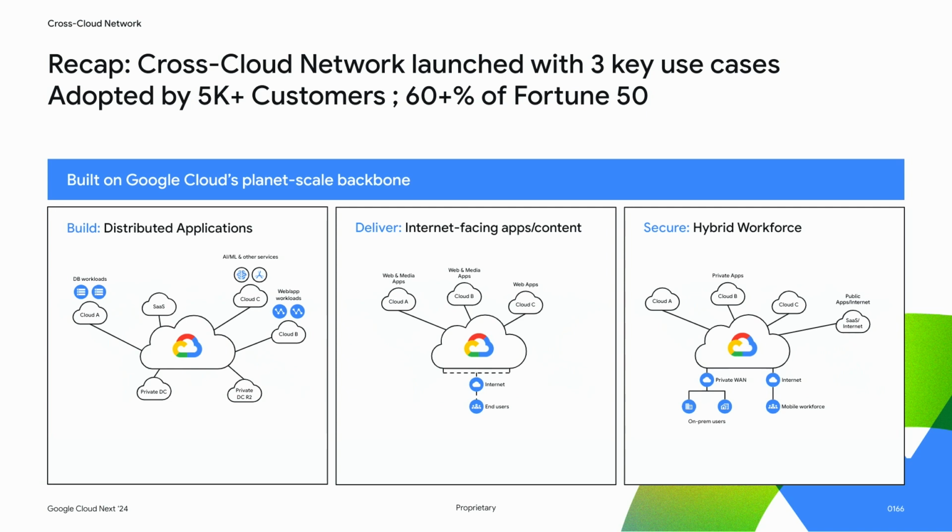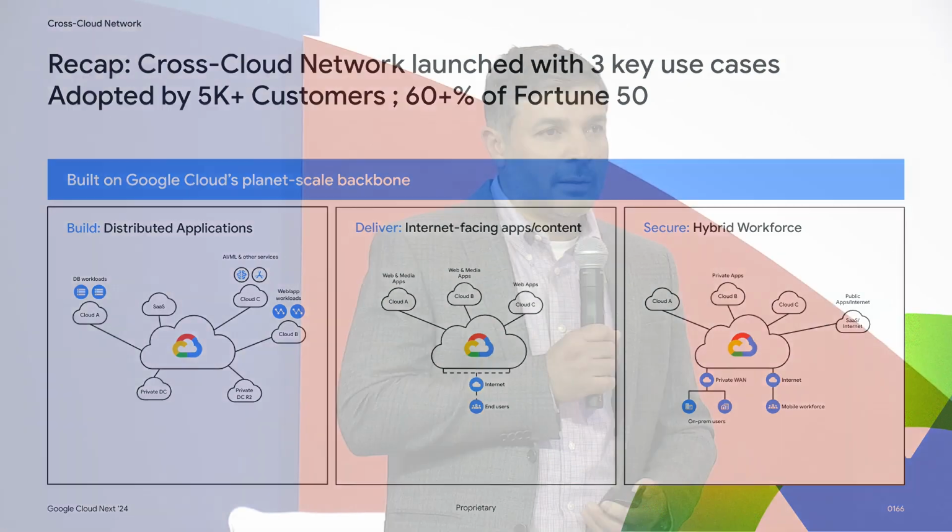The second use case was delivering a global front end for internet-facing applications, a secure global front end, leveraging some of our innovations in CDN, load balancer, and Cloud Armor to deliver that. And number three, building a secure hybrid workforce network for your users who are connecting to cloud from user applications, etc. Our focus for this customer spotlight is going to be use case one, building distributed applications.